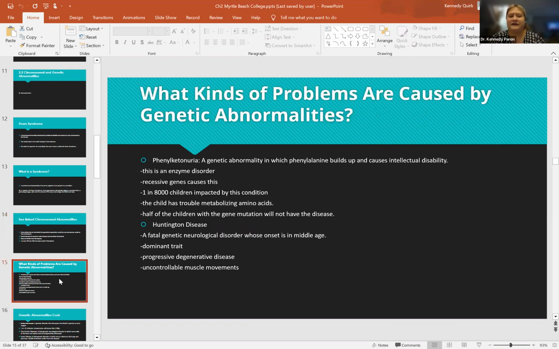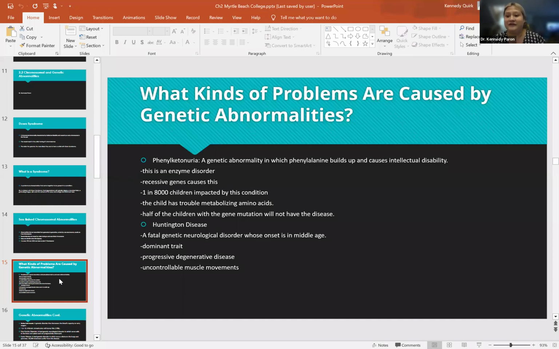So there are a few different types of genetic abnormalities discussed by the textbook. The first is phenylketonuria. This is a genetic abnormality in which a substance builds up and causes intellectual disability. This is an enzyme disorder, so the enzyme is overproduced.